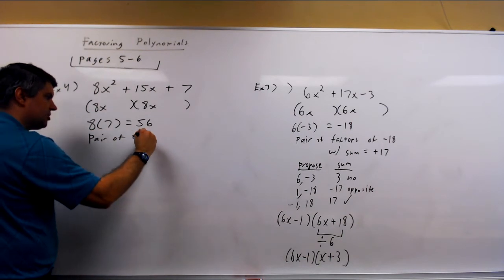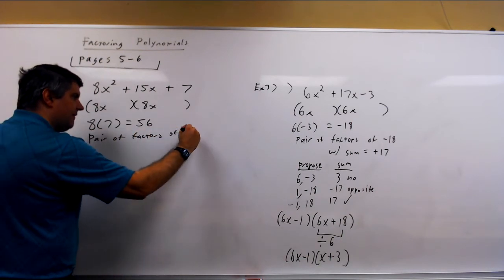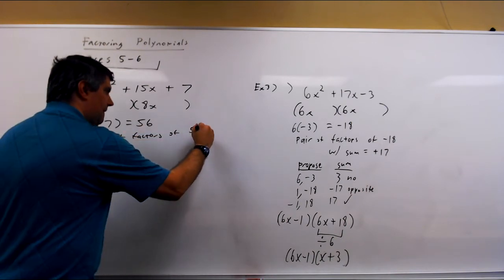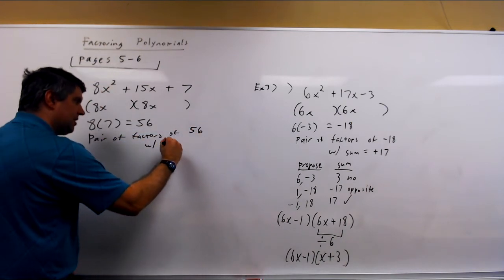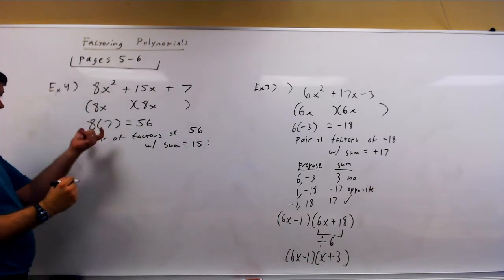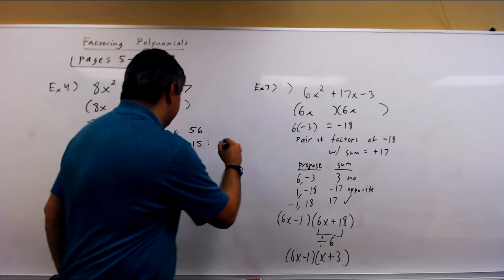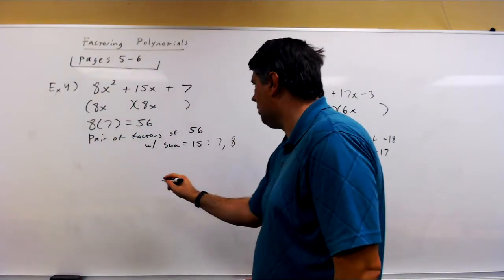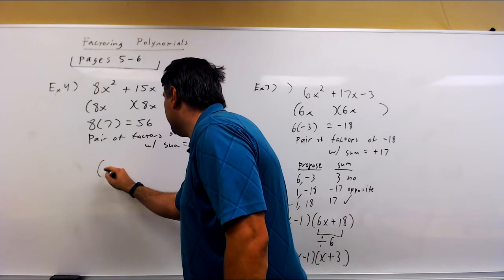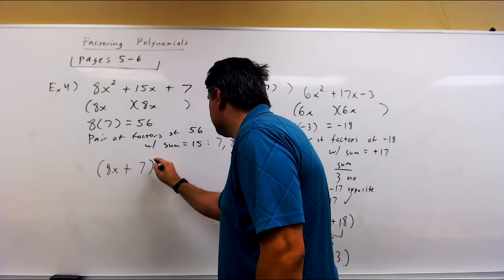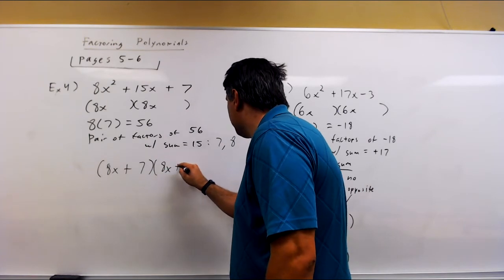Pair of factors of 56 with a sum that equals 15. 8 and 7. Or 7 and 8. So, we would have 8x plus 7 and 8x plus 8.